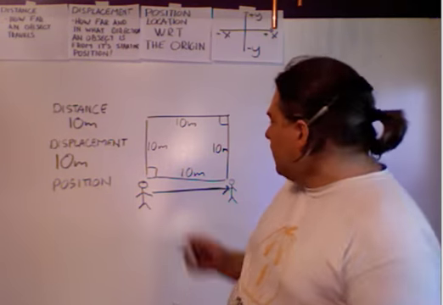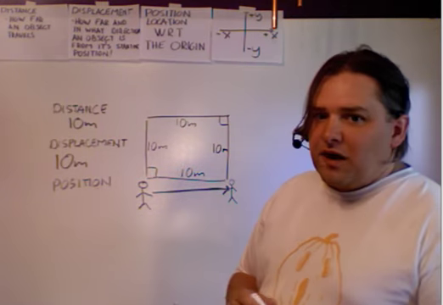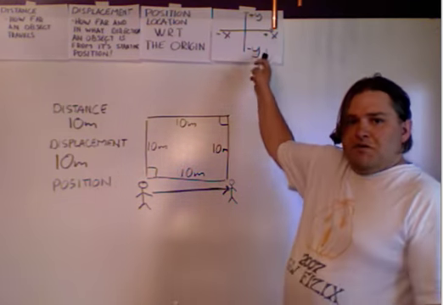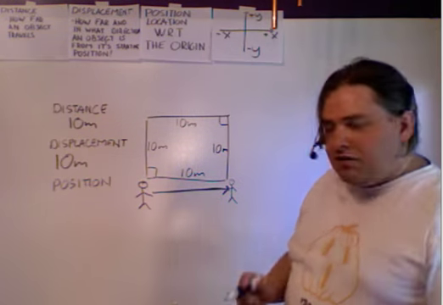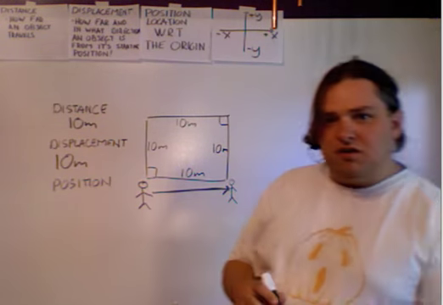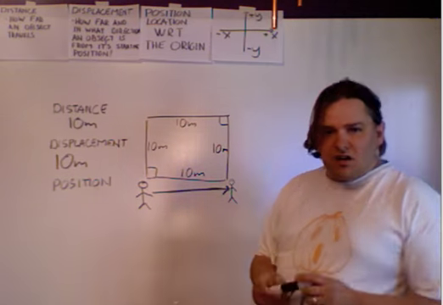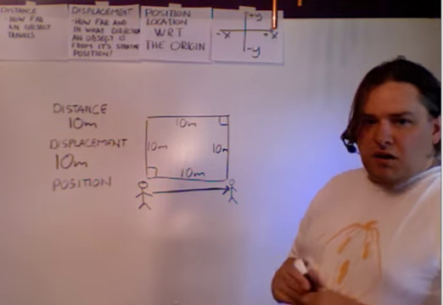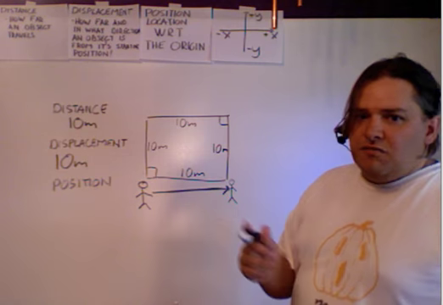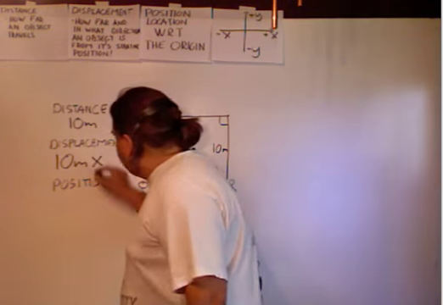Okay. Now I have how far, but the second part is in what direction. I've put the origin over here and the coordinate system up here. So which way does he move? Does he move in the y direction or in the x direction? Well, his motion here is entirely in the x direction. To say he's moved only in the x direction, I'm going to put an x at the end of that.